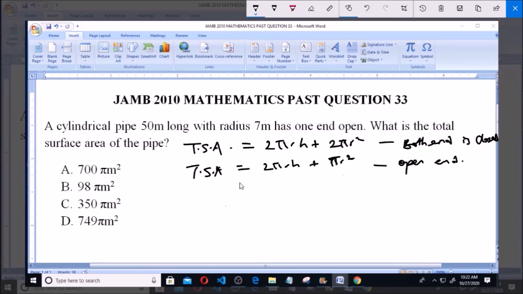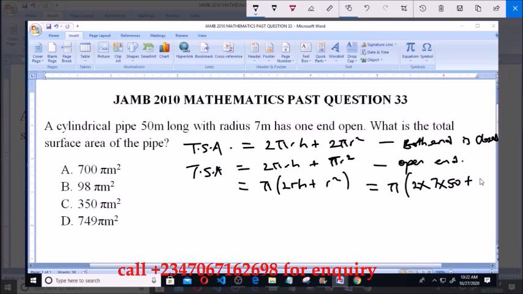Now we can write this formula as pi into 2rh plus r square. So this will now be equal to pi into 2 multiplied by the radius, which is 7, and the height, which is 50, then plus 7 square.